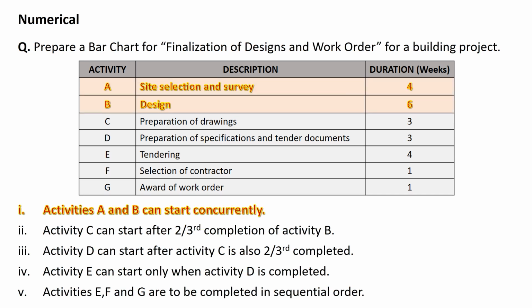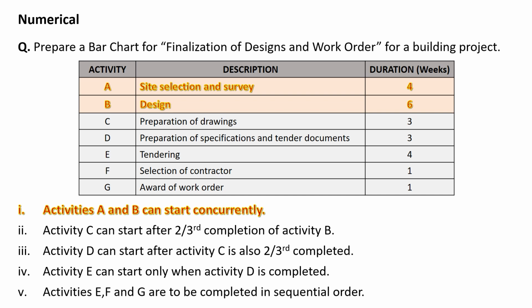Now let's consider the first relation. Activity A and B can start concurrently. As mentioned, concurrently is nothing but simultaneously, or can start at the same time.